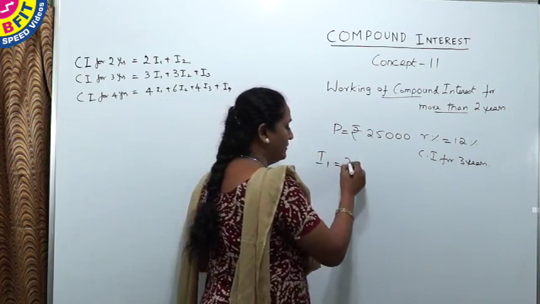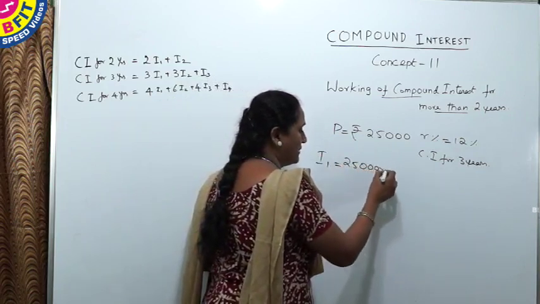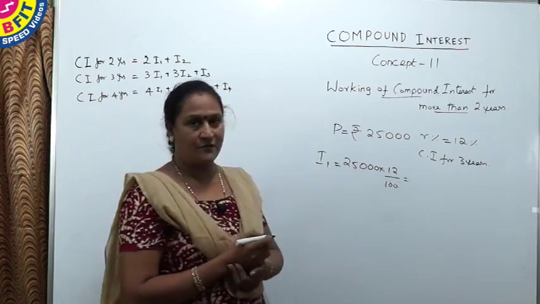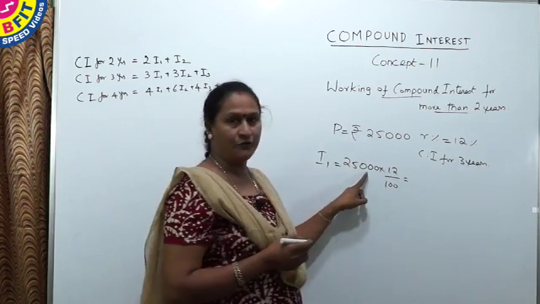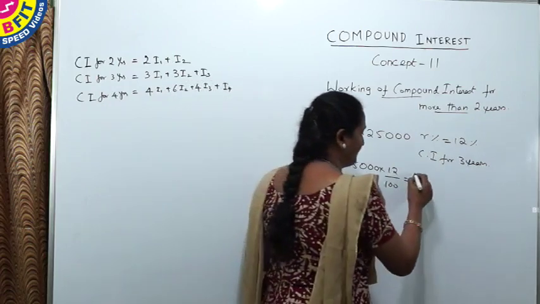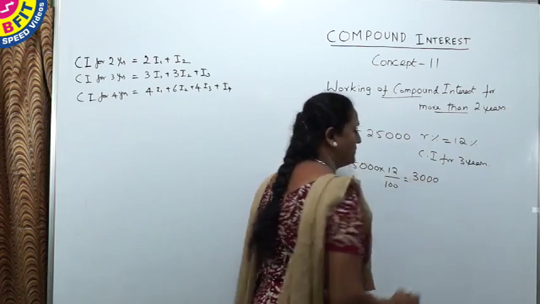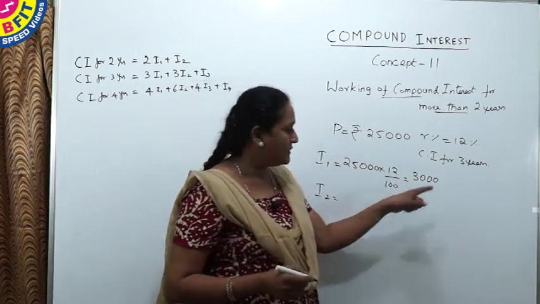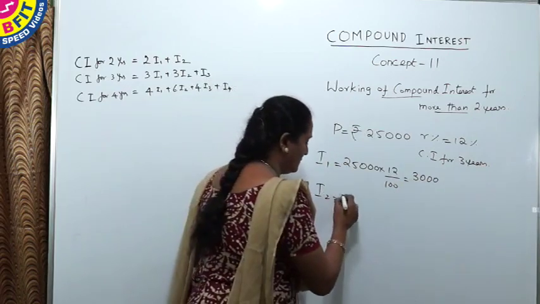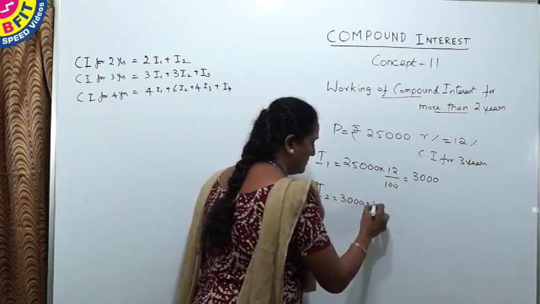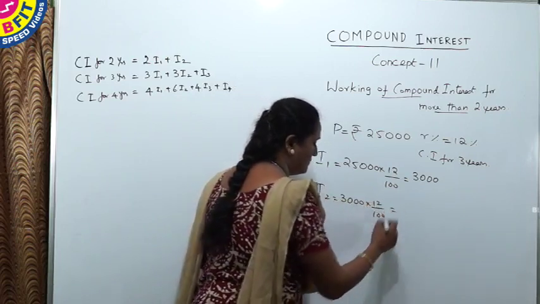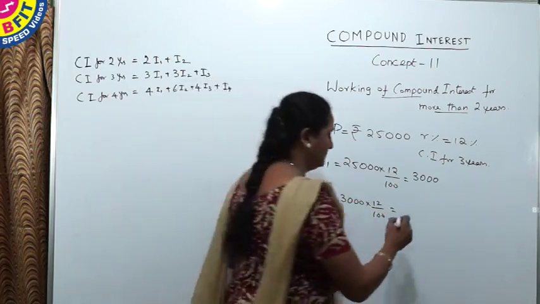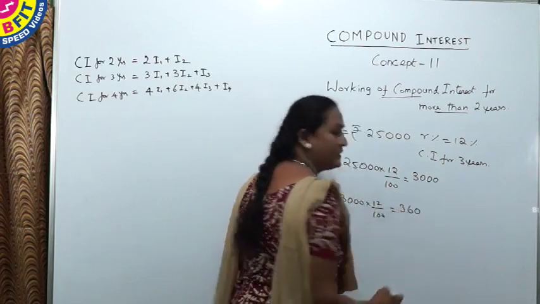So what is I1? For this 25,000, 12%. What is 12% of 25,000? 1% will be 250, into 12, so it is rupees 3,000. And I2 is 12% of 3,000. Again 1% is 30, multiply 30 with 12, so that is 360.